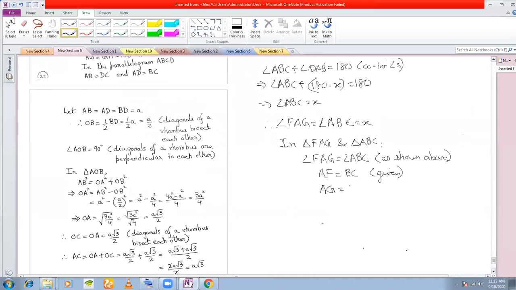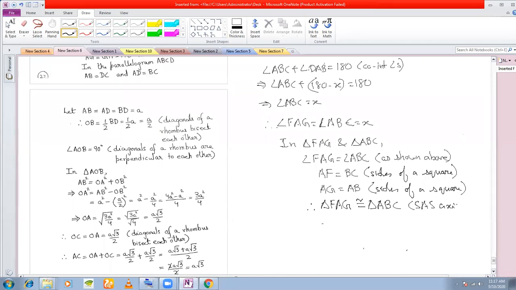In fact, not given, you can write here sides of a square. So therefore, triangle FAG is congruent to triangle ABC. This is by the SAS axiom.